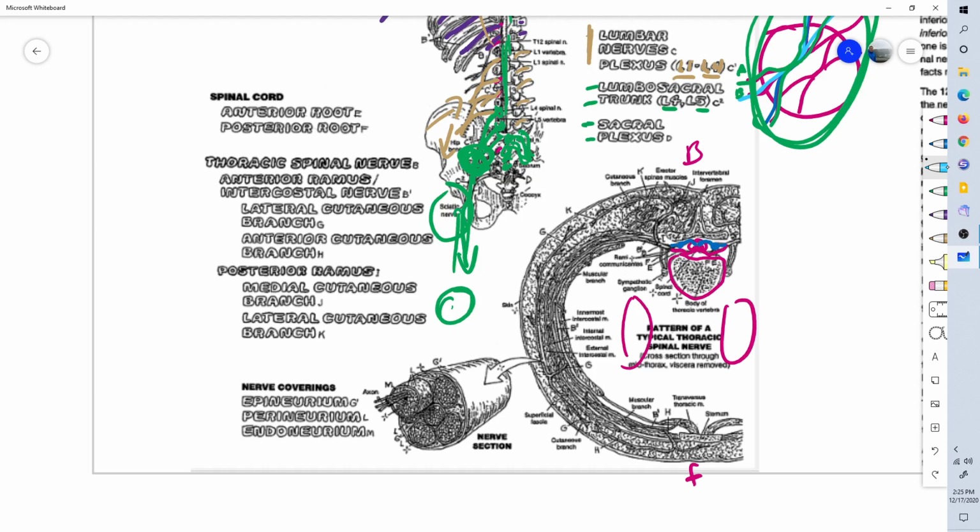The sensory, the afferent and the efferent nerves meet up. So neurons meet up, right in here. And they're passed through together before they branch off.